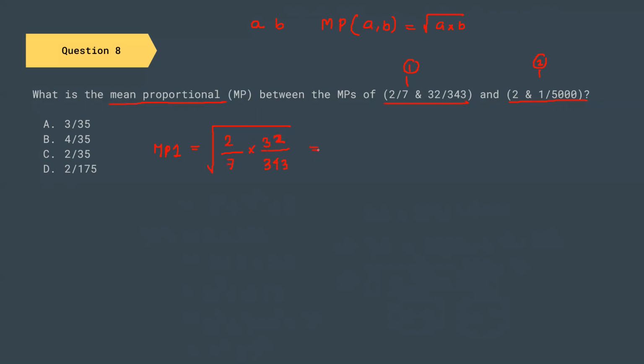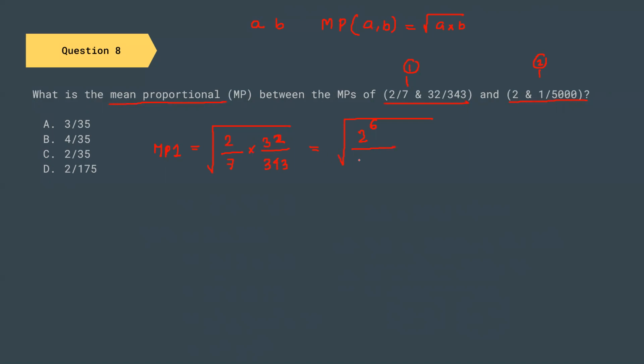Now, what we know is that 32 means 8 into 4. 8 means 2 cube and 4 means 2 square. So 32 means 2 to the power 5 and multiplied by 2. So this is going to give us 2 to the power 6 divided by 343, which is 7 cube.